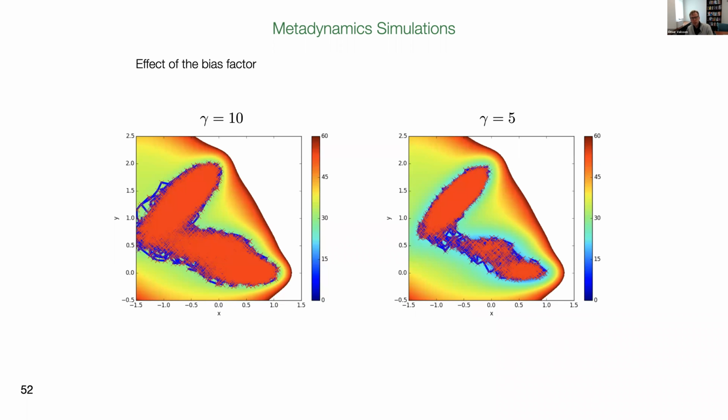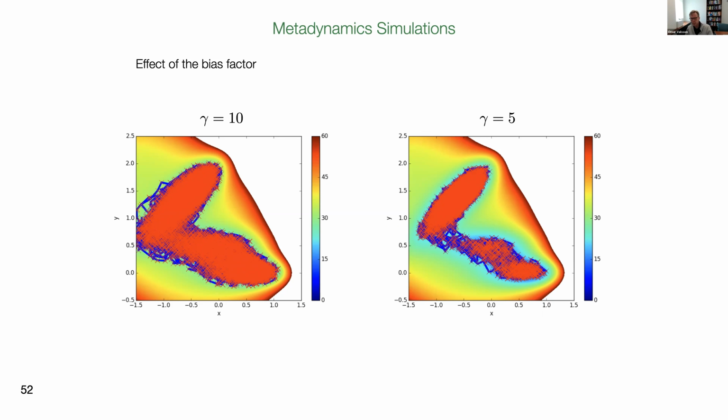But now let's look at the effect of the bias factor. Here we have a bias factor of 10, and this is the region that we sample in the simulation. While at a bias factor of 5, the region that we sample is smaller, which makes sense, because we are enhancing the fluctuation much less.